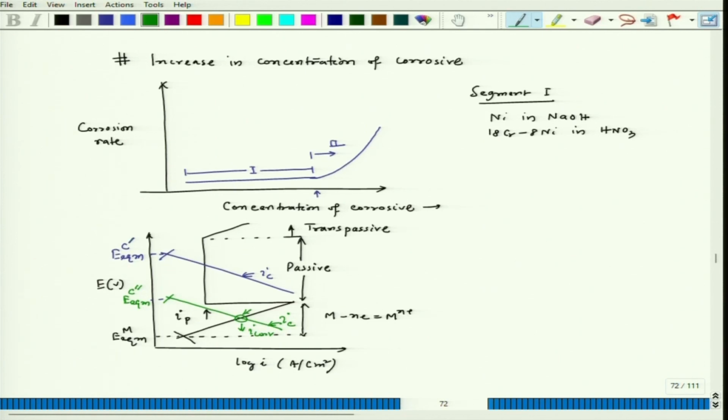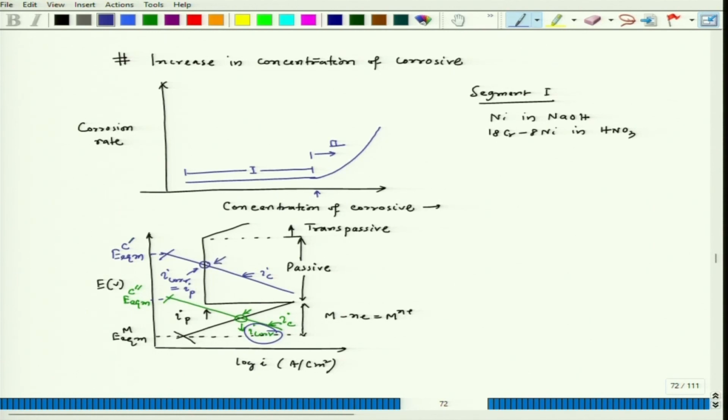So, their corrosion rate would be very high, but if we have some other oxidation or reduction process, or cathodic polarization line, that intersects the anodic polarization line in the passive zone, then of course this becomes my I corr, which is equal to IP, the passive current density, which is much lower than the I corr we observed where the cathodic and anodic polarization lines intersect in the active zone, but here it is intersecting in the passive zone.